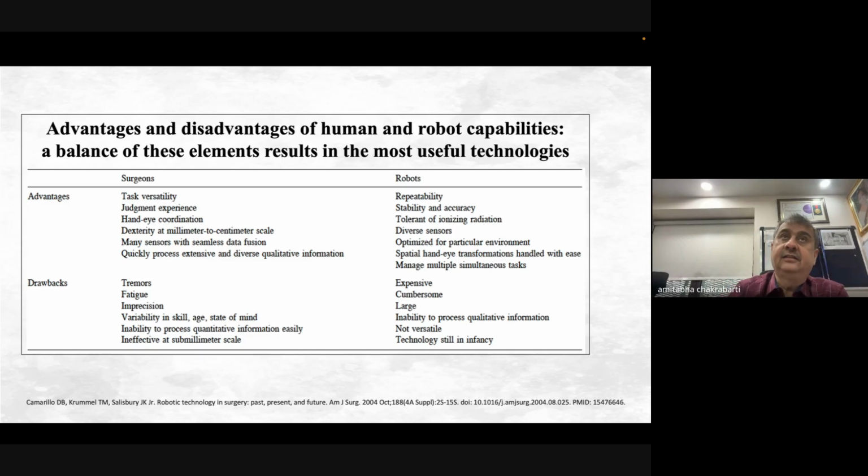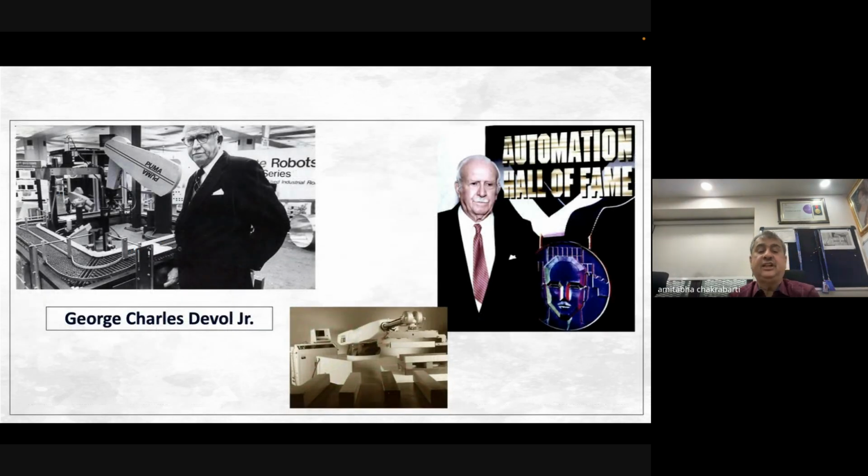So this is Charles Devol, the father of the robot, who developed the industrial robot in the 1940s. He developed a magnetic process controller that could be used to manage these first robotic machines.